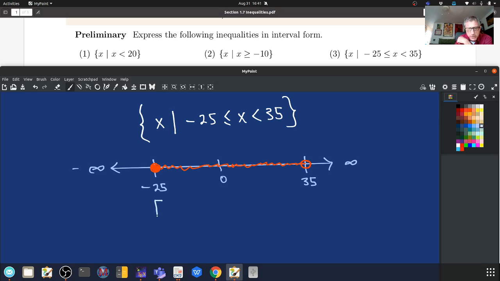Minus 25 is included, and 35 is not. So that would be the interval notation that contains the exact same elements as this. So an interval is a set. This is a set, so is an interval. This is just another way of writing this right here.